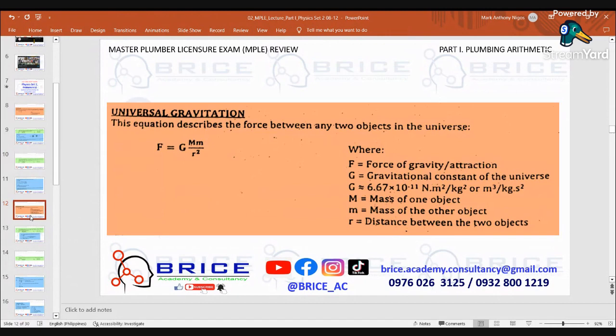Okay, let us move to the next topic. Universal gravitation. This equation describes the force between any two objects in the universe.